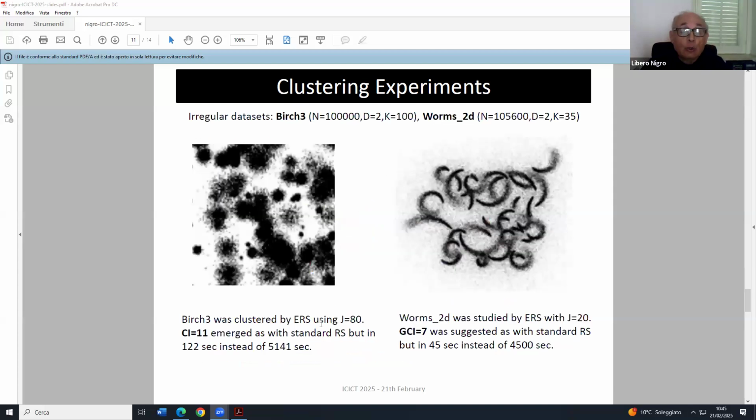And these are two other very difficult datasets known in the literature, which are made up of a high number of points and also a high number of cluster centroids.